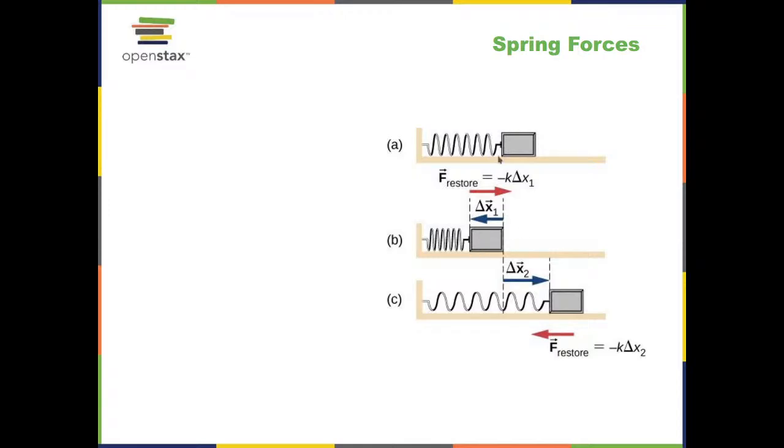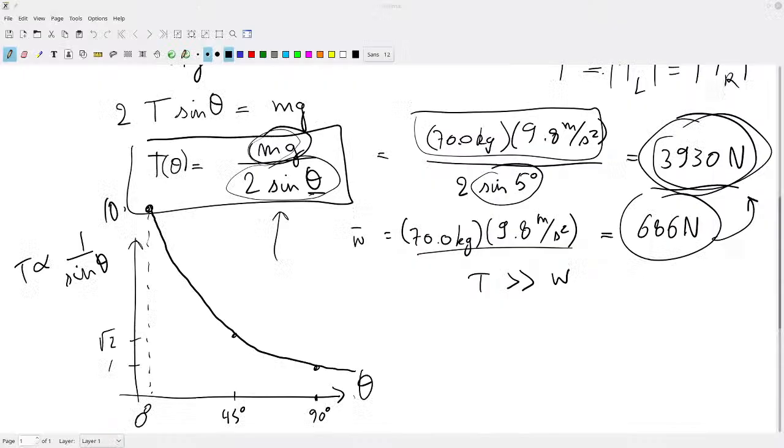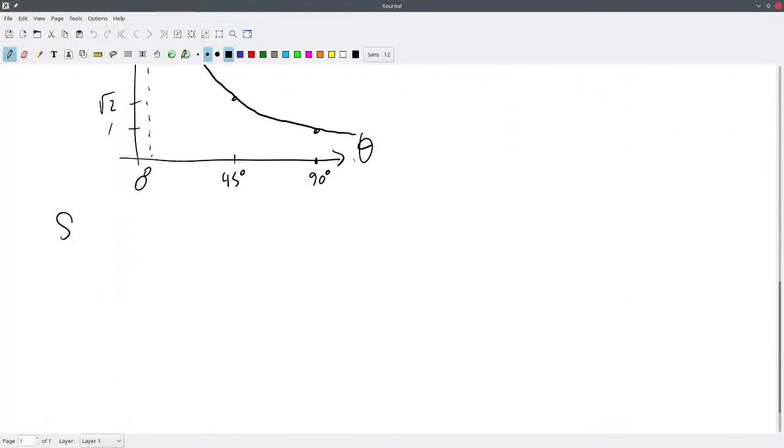So think of a spring as the thing that is a restoring force that tries to bring your object closer to its equilibrium.